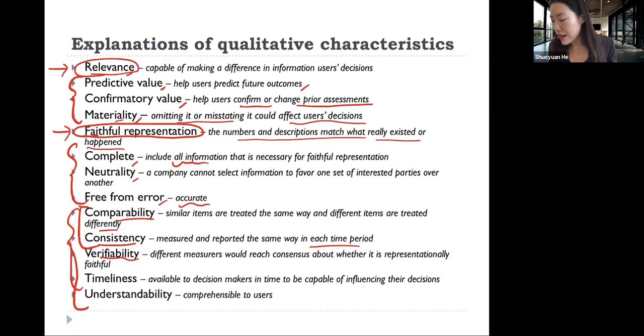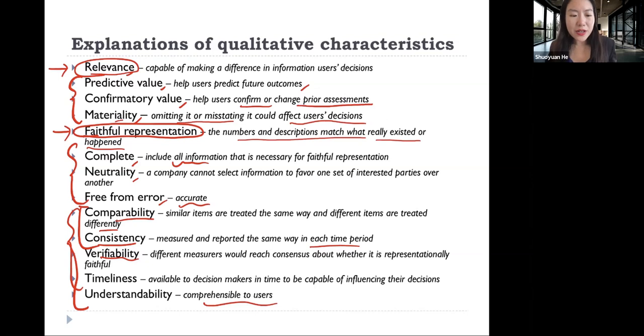And timeliness: available to decision makers in time to be capable of influencing their decisions. It should be timely. If the information is too old, it is probably not useful for me because it is not timely. Understandability: the information user should be able to understand it. So those are the explanations of the different characteristics.